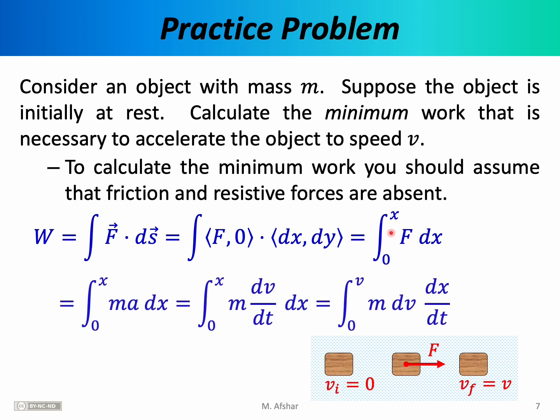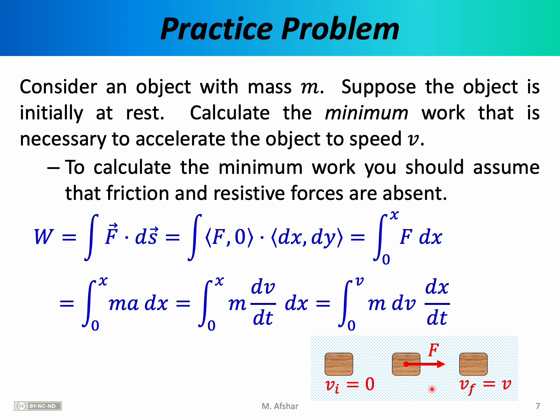Notice there's a lot of unknowns here, but one thing we do know for sure is that F is equal to ma. So we're invoking Newton's second law of motion. Newton tells us that the net force is equal to mass times acceleration. Here we're assuming there are no other forces like friction or gravity or resistive forces.